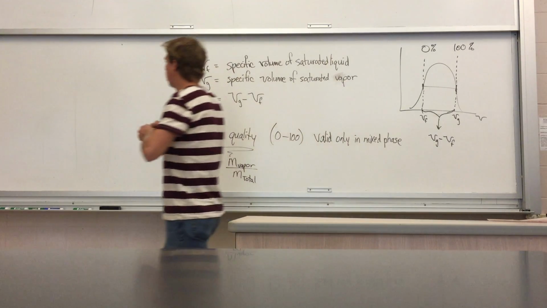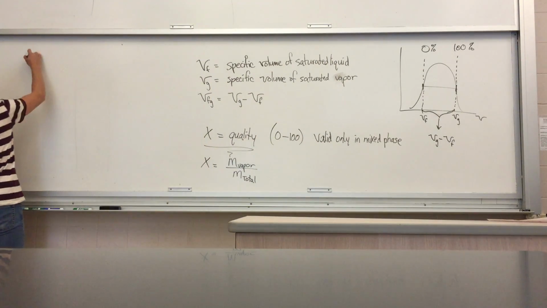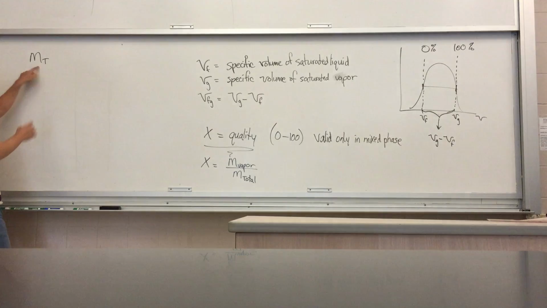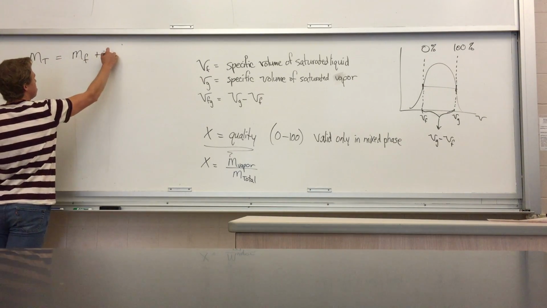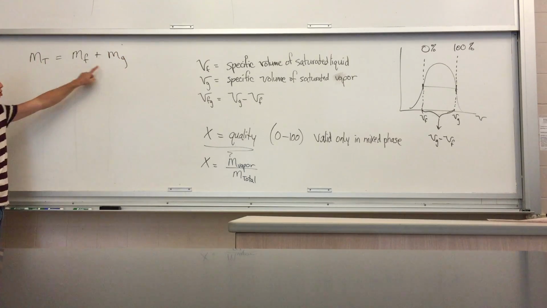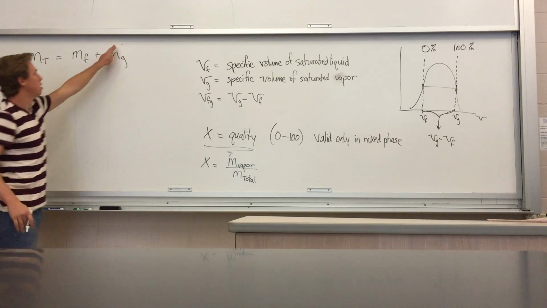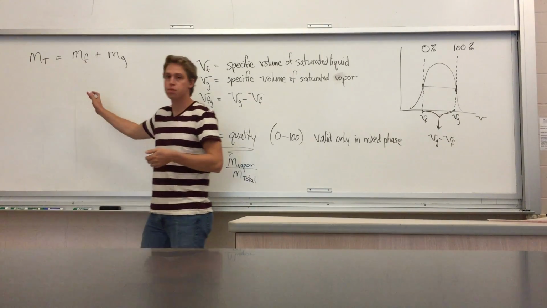So, first of all, notice that the mass total, I'm going to do MT for mass total, that's going to be the mass of the liquid plus the mass of the vapor. M fluid plus M gas, okay? That's how I'm going to get the total mass. That makes perfect sense.